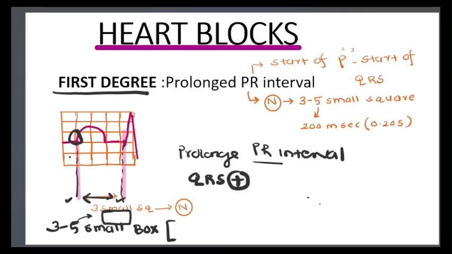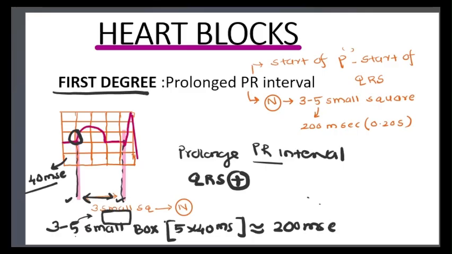One small box represents 40 milliseconds. So 5 small boxes means 5 into 40 milliseconds, which is approximately 200 milliseconds. And 3 small boxes means 120 milliseconds.